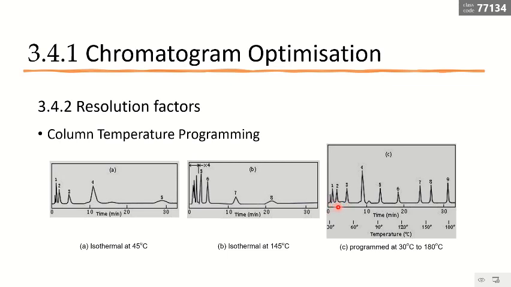They are well separated. If we are going to collect them, it's possible. Most of these peaks, or all of them, are very sharp and symmetrical, which is a very nice separation. This is what we try to achieve when we do the optimization.